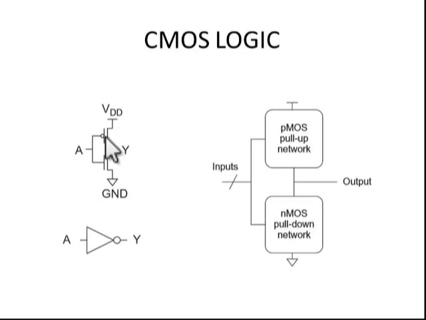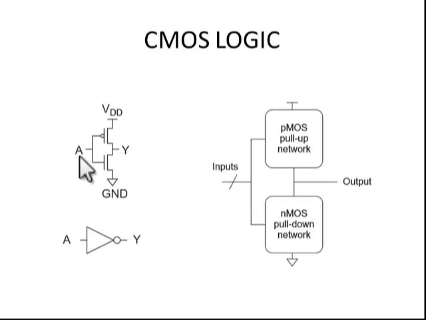And here the PMOS is connected to VDD because the PMOS has good 1 property. So the PMOS is connected to VDD and NMOS is connected to ground because NMOS has good 0 property. When A is 1, NMOS is on and NMOS is connected to ground. Now 0 will be passed. So that means now Y equals 0.